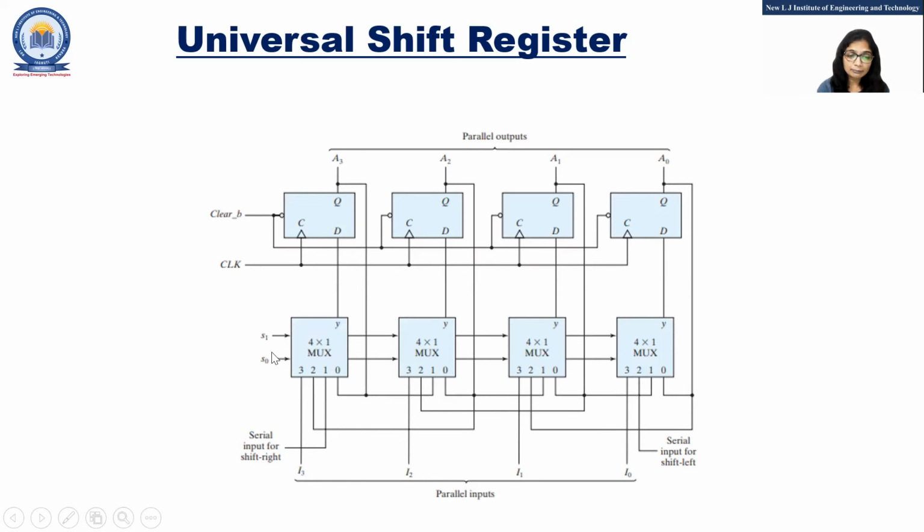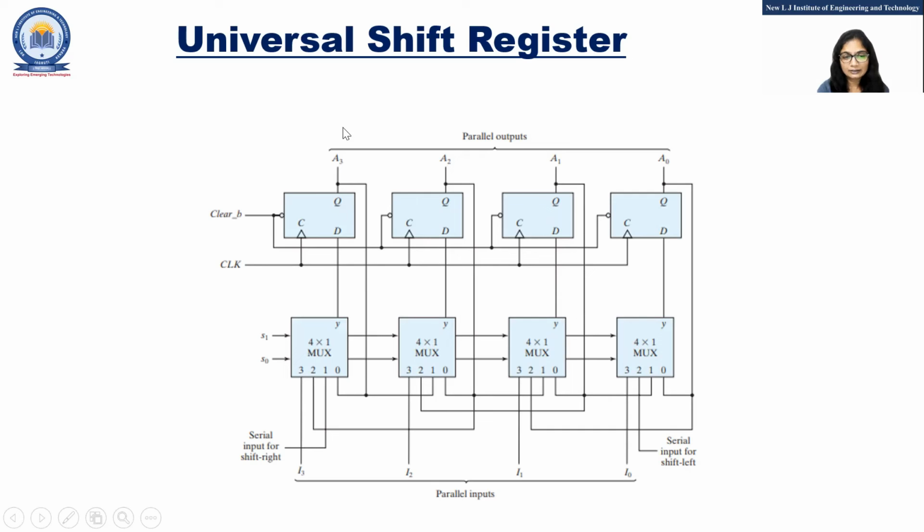Means whenever the mode control signal is 1, 1, this data line will be selected and this data will pass to the output line. So I am applying I0, I1, I2, I3 simultaneously, parallel load. At the same time, all this fourth line data will pass to the output line and be given to the flip-flop.